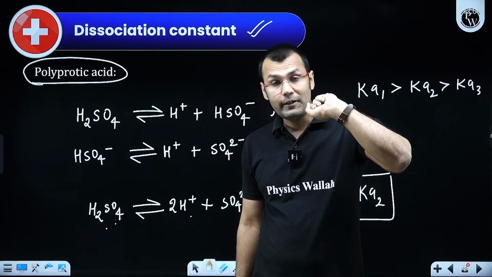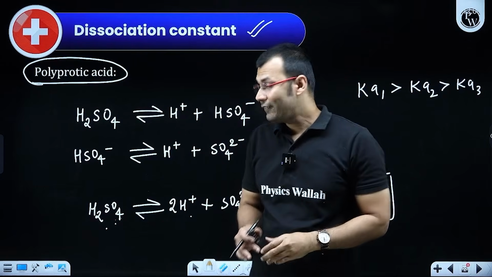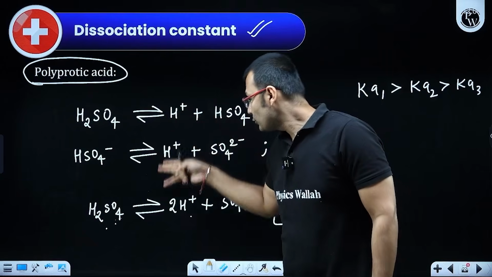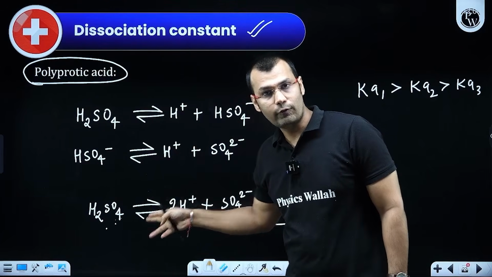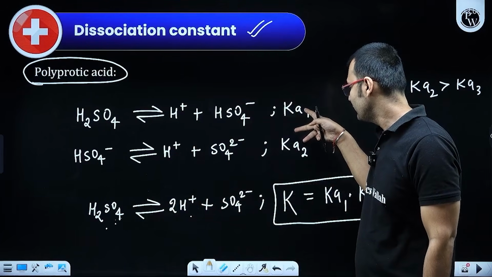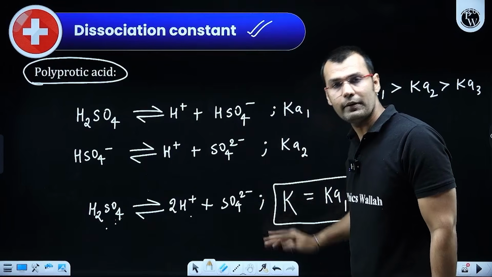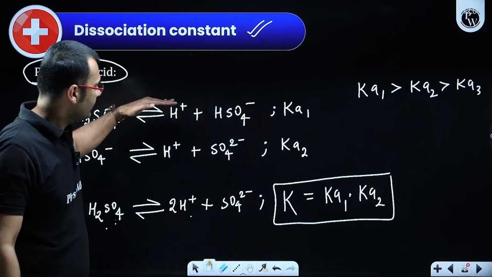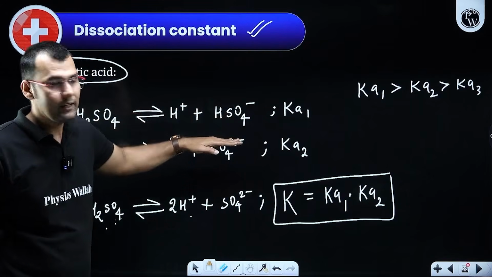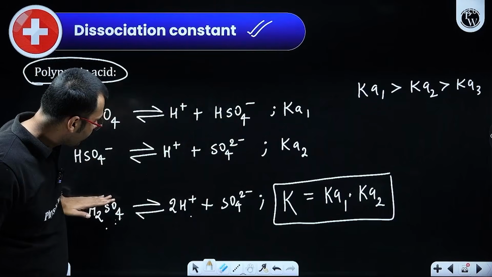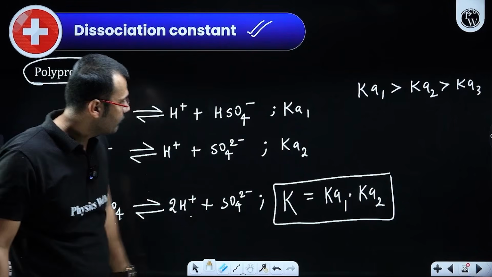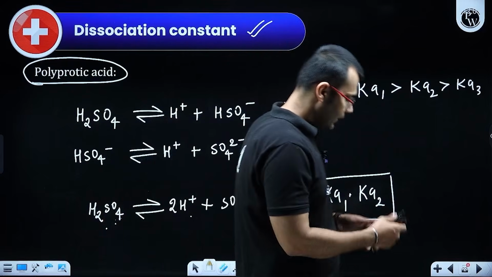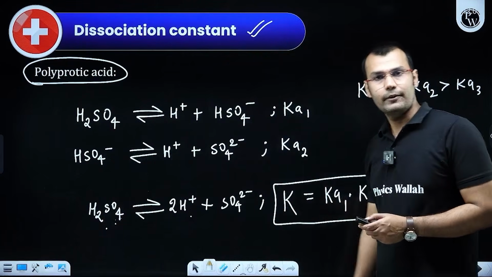If I have two equations and I know their equilibrium constants, then by adding these two equations, for whatever equation I get, the equilibrium constant is calculated by multiplying the individual equilibrium constants. So the same thing we are using for the dissociation constant. For the first one and second one, the dissociation constants are K1, K2. And when I'm adding these two, for my final equation the dissociation constant will be K1 into K2. So these concepts you should know regarding your polyprotic acid, correct?